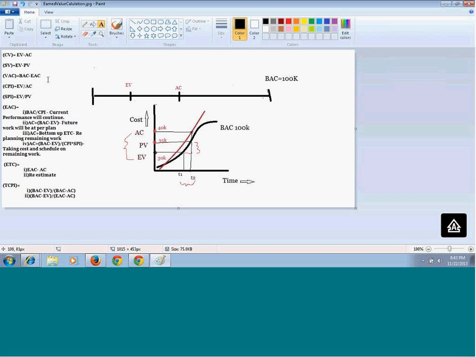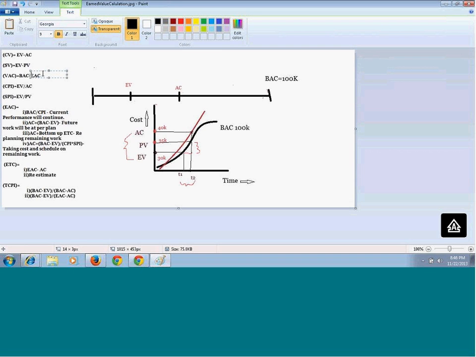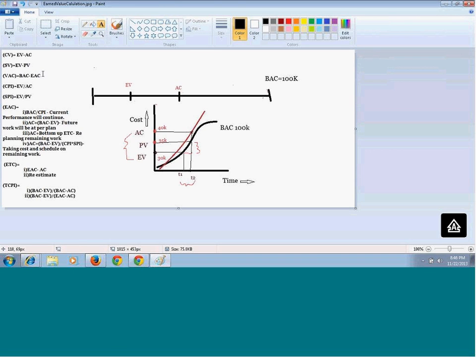Now variance at completion. This formula tells you, when you are completing your project, how much money you are overspending. BAC is budget at completion, the planned value you calculated that your project will take. But estimate at completion is the amount that you are going to spend as per your current project progress.